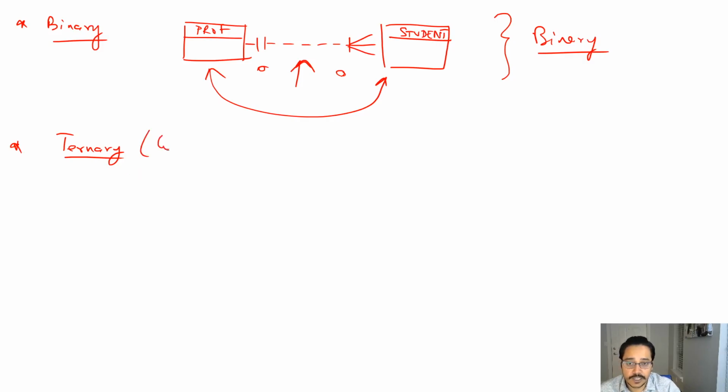But it is conceptual, right? So in order to implement it, you have to add more tables so that you can actually implement it. So you don't have an example of a ternary relationship in the university domain.